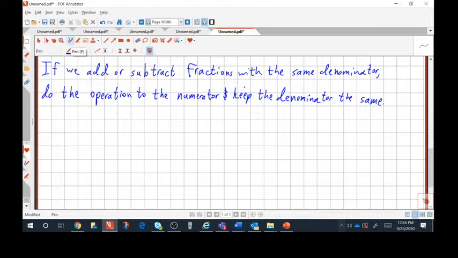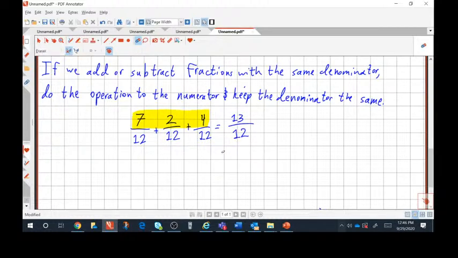So for example, in this particular example, there were 7/12ths of a cake left, plus 2/12ths of a cake left that you stole second, plus 5/12ths, was it? No, 4/12ths of a cake left. And you add up all the numerators, and you ended up with 13 pieces, each one of which was 1/12 of the cake. Notice, the numerator changed, the denominator didn't.